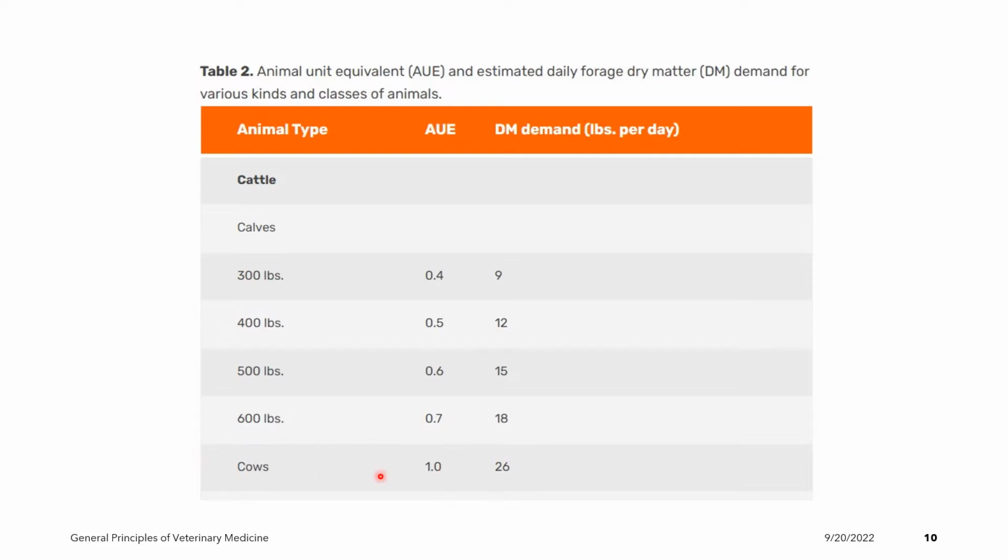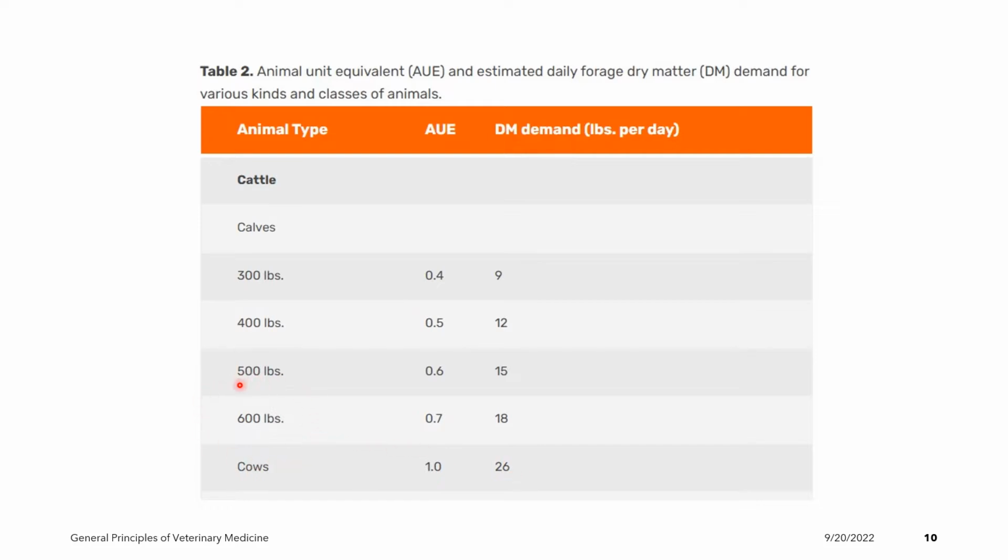So for example, 1,000 multiplied by 0.025 is equivalent to 25 pounds. And when we multiply 1,000 times 0.03, that is equivalent to 30. In our example, the author estimated it to be 26 pounds per day.